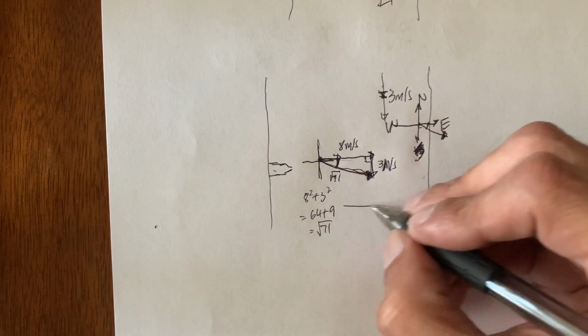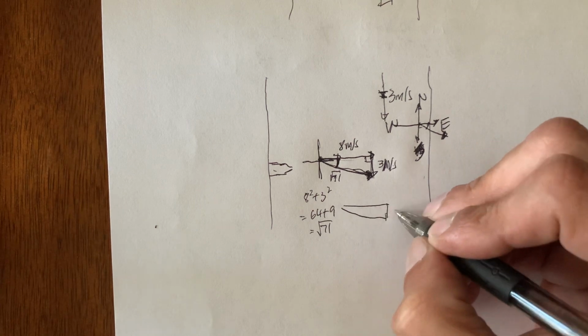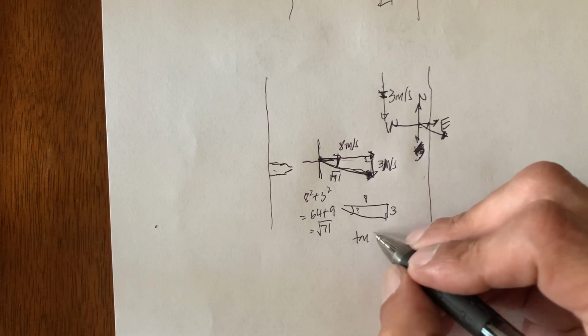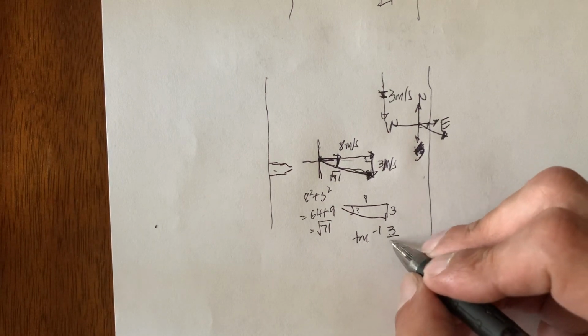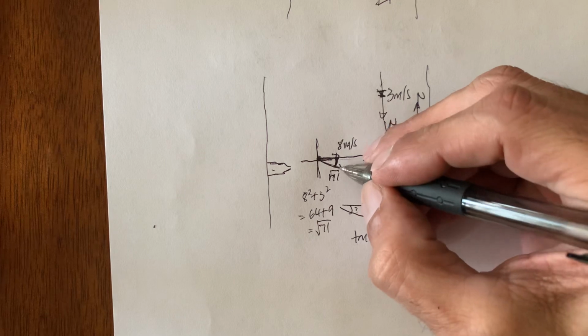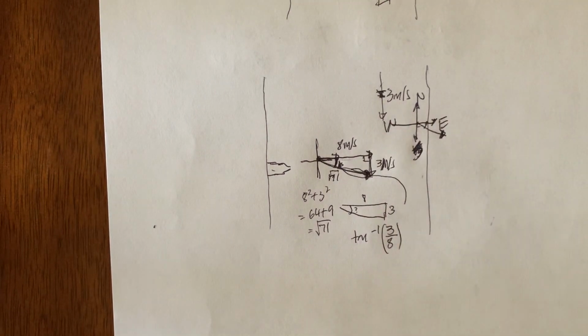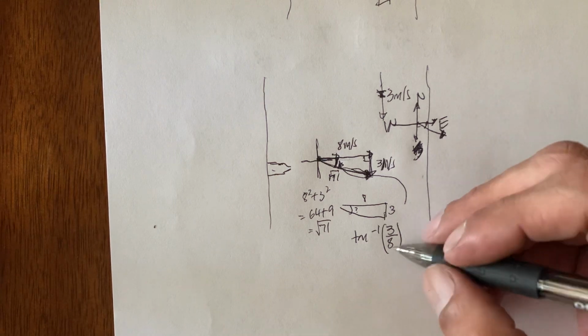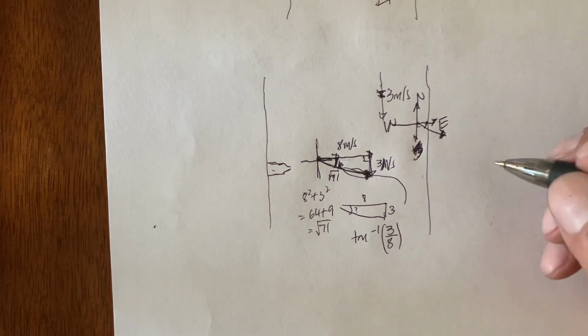And so I hope you see that you have a 3 and an 8, and that's the angle you're looking for. So it'd be the tangent inverse of 3 over 8. And then that would give you this angle. And again, I don't know what 3 over 8 is going to end up being.